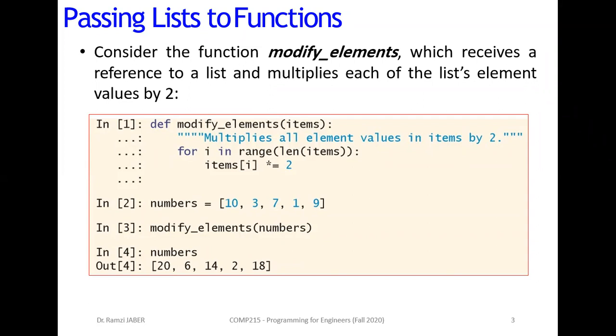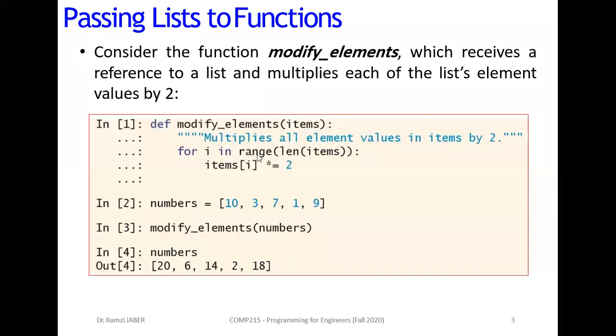A list in Python is similar to a one-dimensional array in C, the same. One-dimensional array in C is called a list here. So for i in range of the length of these items, because we don't know the size of the list, we always use the built-in function len. The length of items depends on the list you enter.